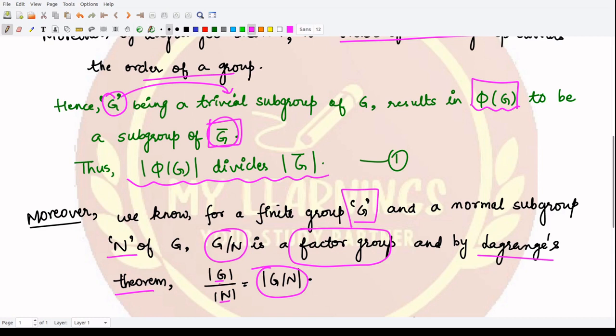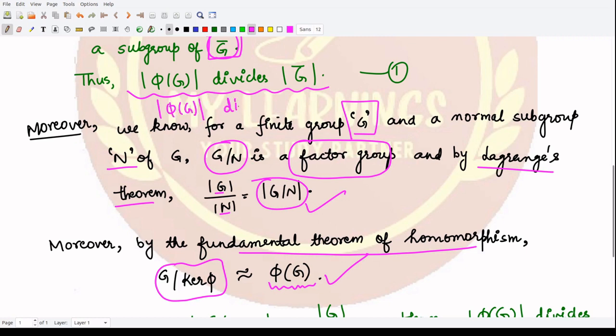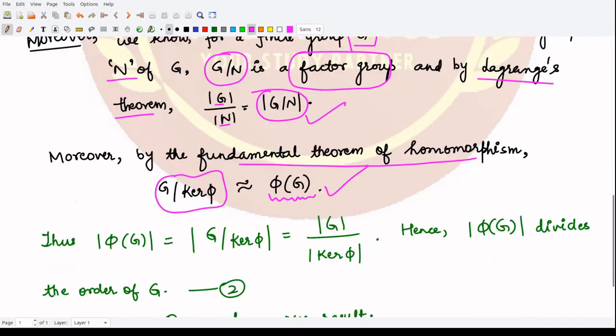Combining these results, and moreover, by the fundamental theorem of homomorphism, this factor group generated by the kernel of the given homomorphism is isomorphic to the homomorphic image of the group under phi. Using both these results, we can get a second result, to prove that the order of phi of G divides the order of G.